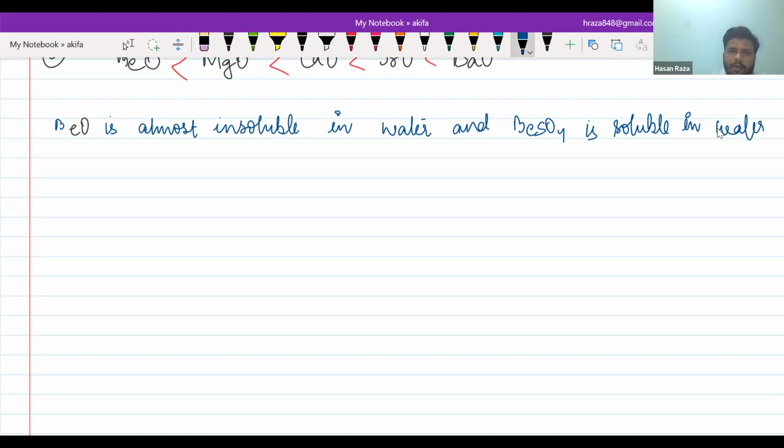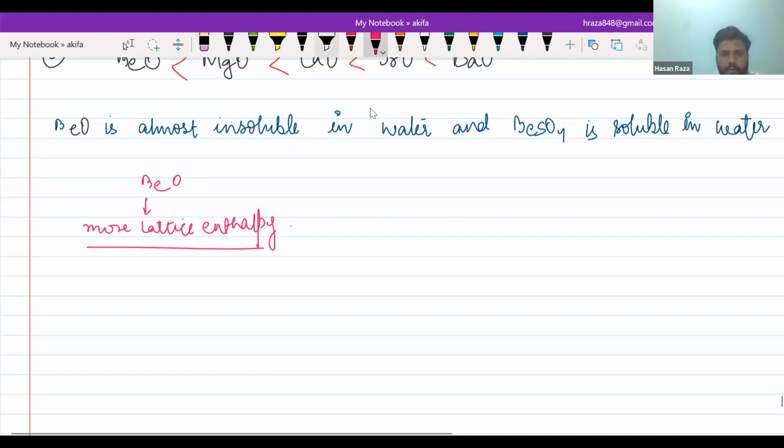Why is it so? Because you know that BeO has more lattice enthalpy. If lattice enthalpy is high, it will be less soluble.